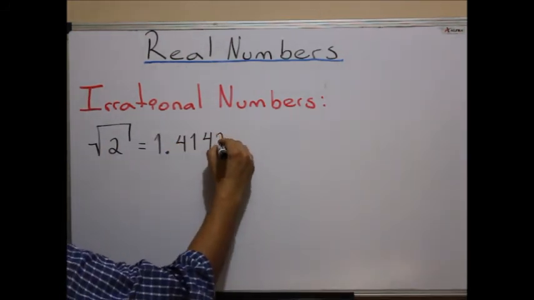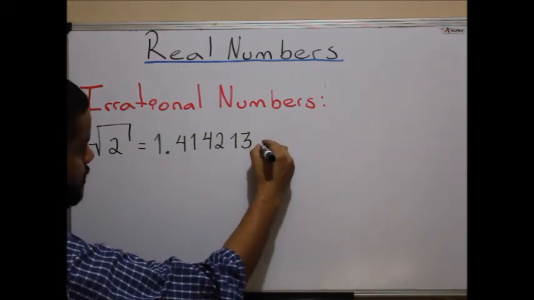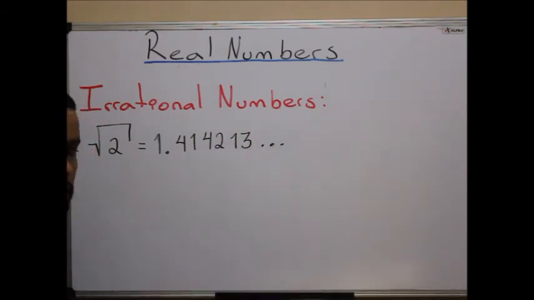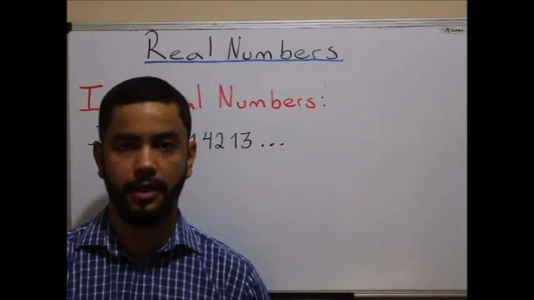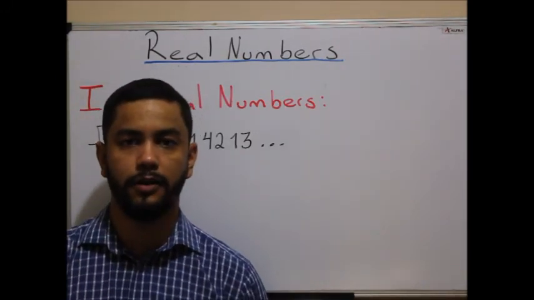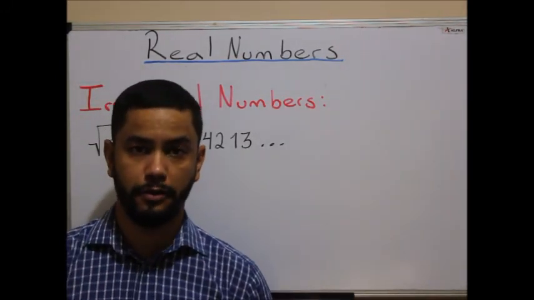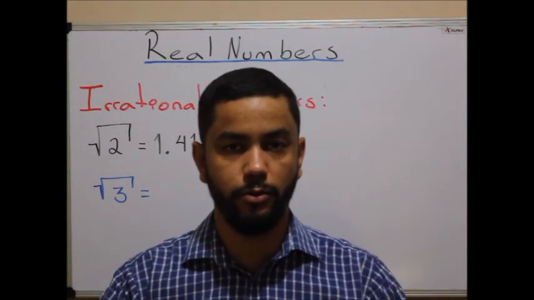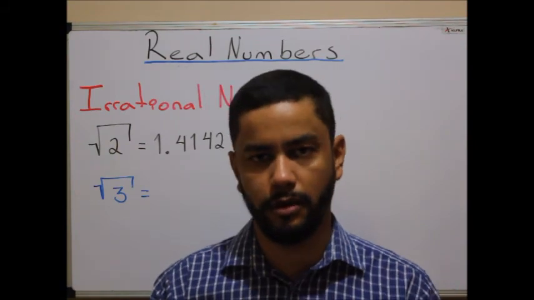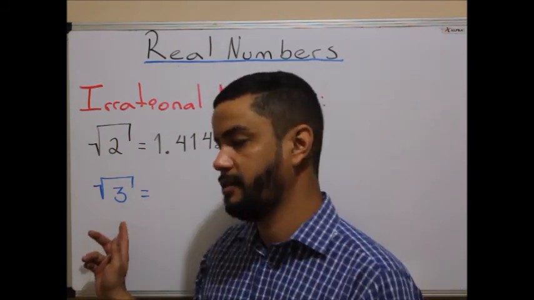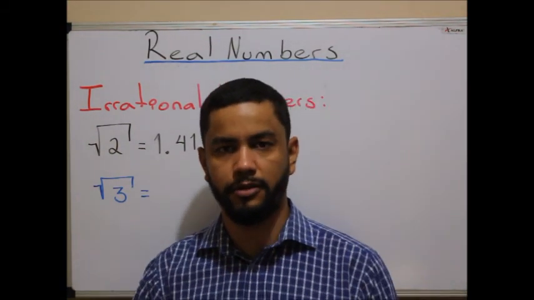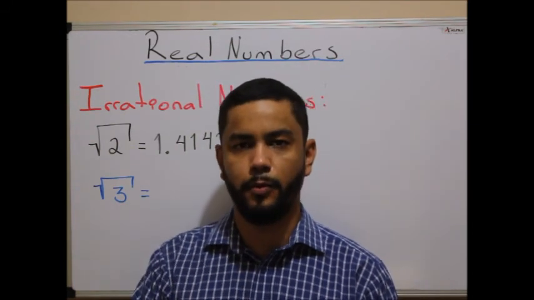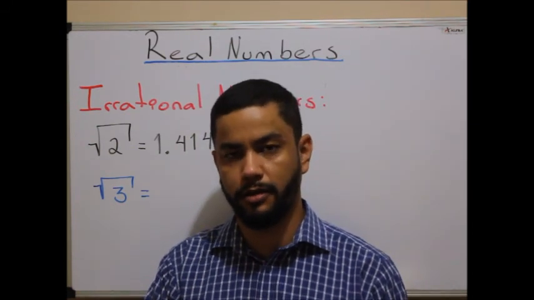Using a calculator, what will be the square root of 2? 1.4142 13, and we have a lot of decimals. The same happens when we are looking for the square root of 3. Can we write the square root of 3 as a fraction? No. Do we have a pair of numbers that when we multiply them we get 3 as a product?